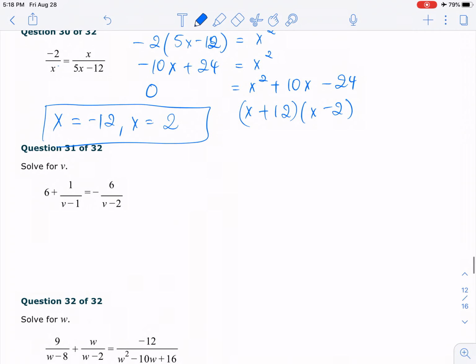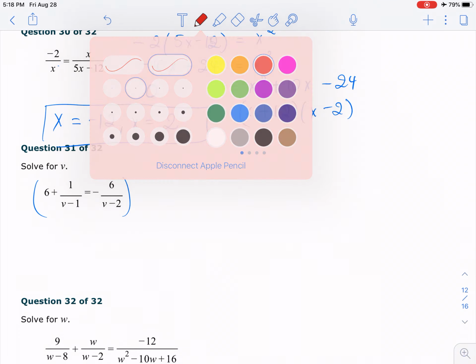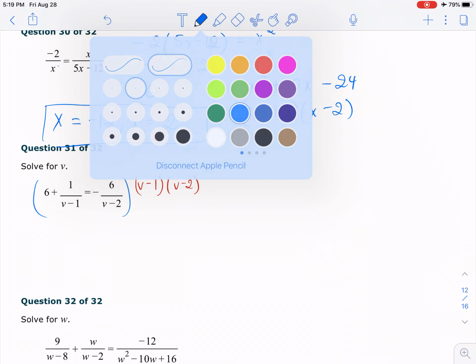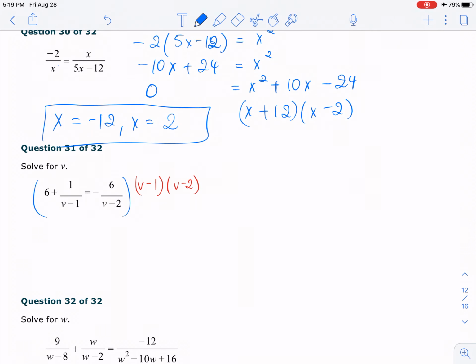Okay, so moving on to number 31. For 31, the LCD is v minus 1 and v minus 2. All right, so for the first one, you have to multiply that one by 6. So I'm going to write it down right here.